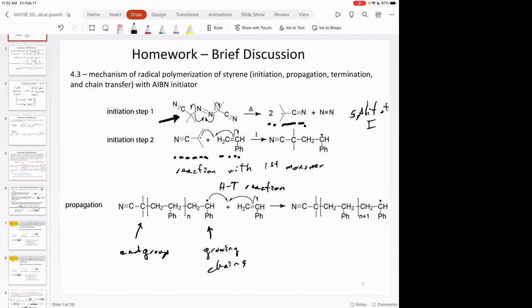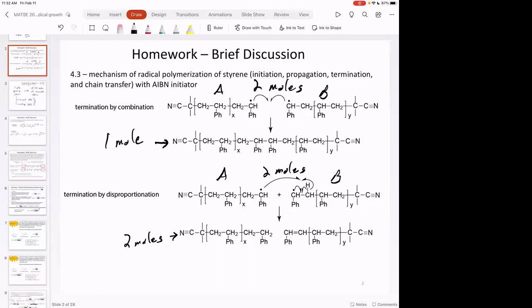You want to get your growing chain end to look like this, your repeat units to look like that, and you want clearly identified end groups. What 4.3 part 1 is about is how good is your bookkeeping? How good is your description of what's happening? It is okay to have this slide up and write it down, try and copy that, because that's how I expect structures to be written, so it's really, really clear what you're doing.